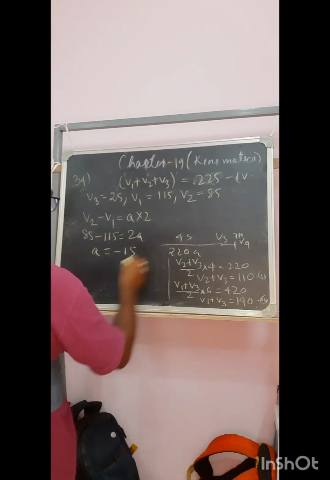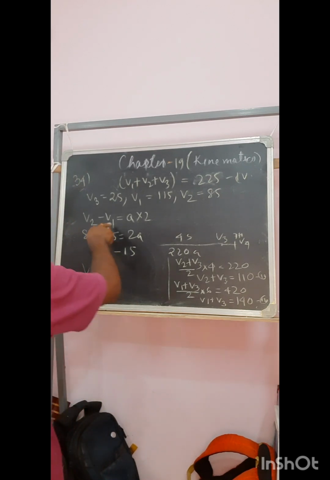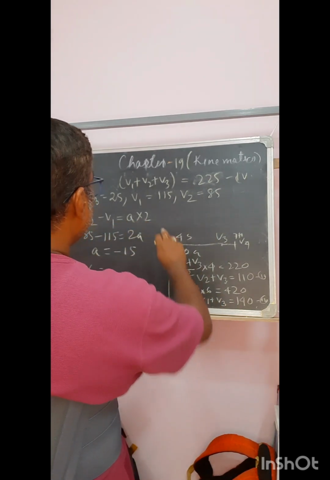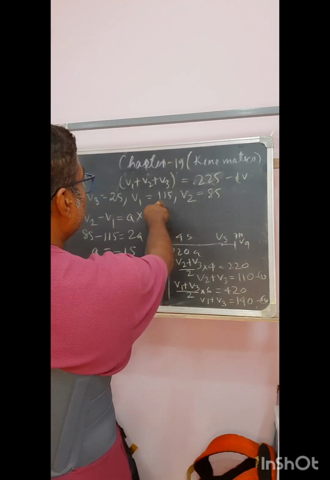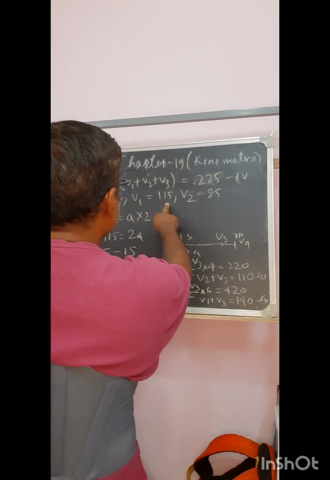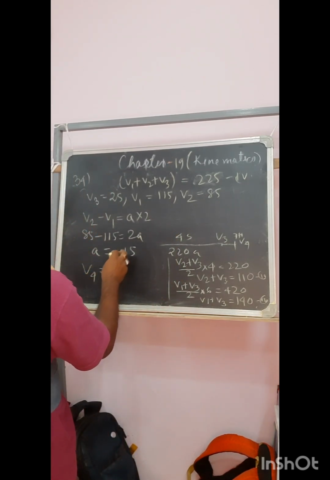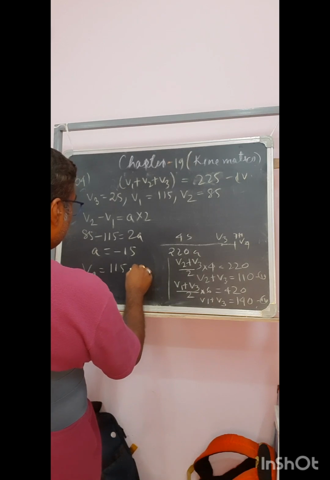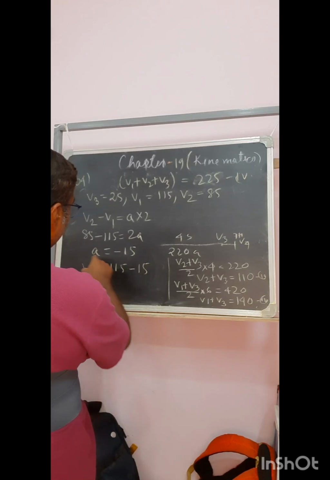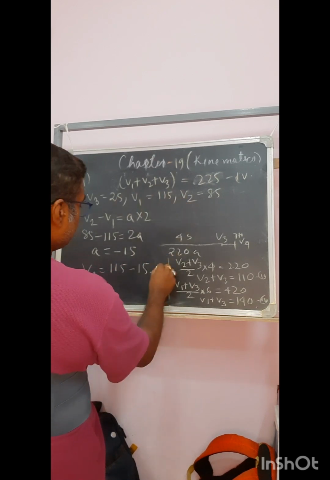So what is v4? v4 will be v1 minus a into t, where v1 is 115. a is equal to 15, because I have already taken retardation, otherwise you have to take minus 15, and the time is 7.